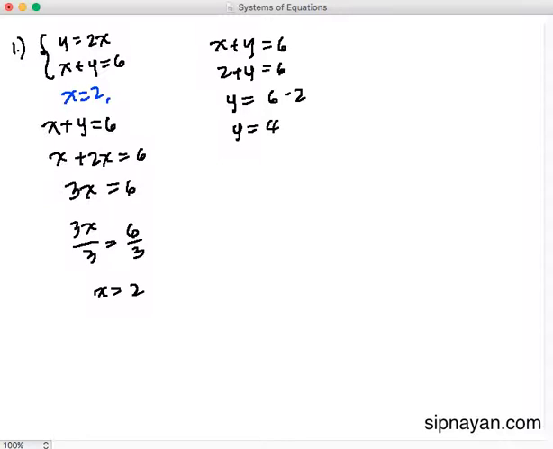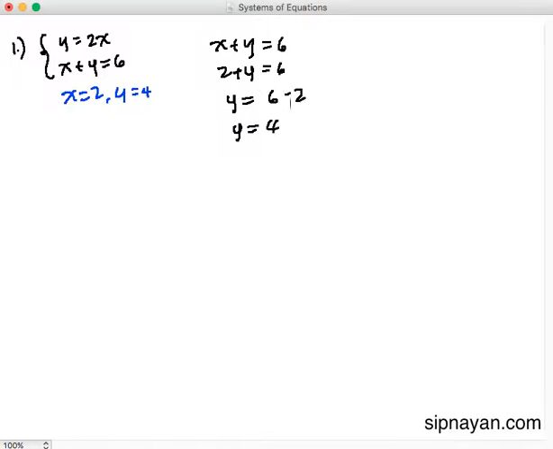So the solution for this system of equations is x equals 2 and y equals 4.